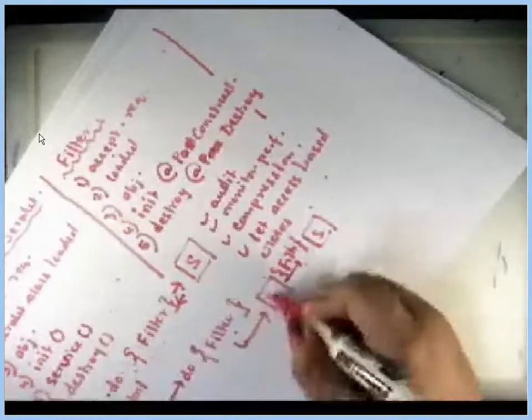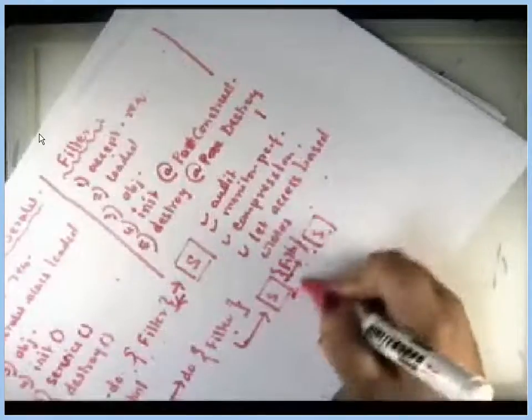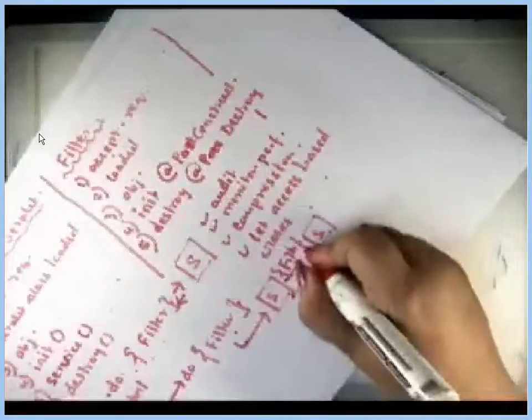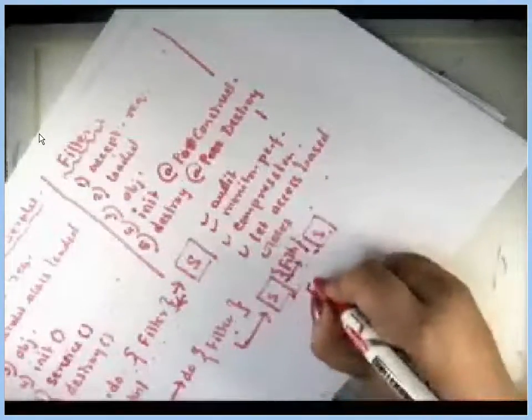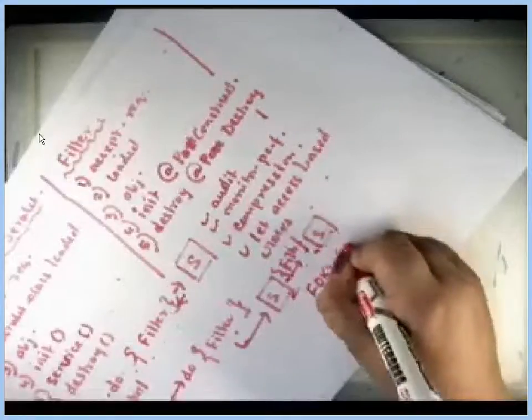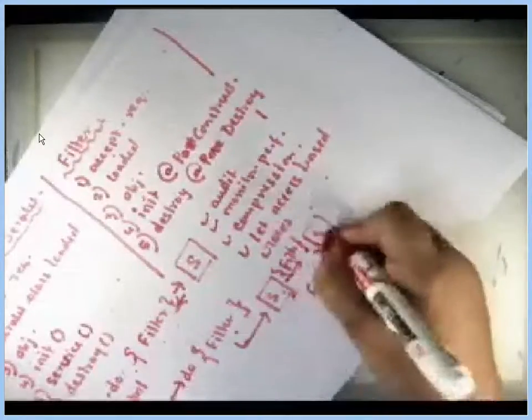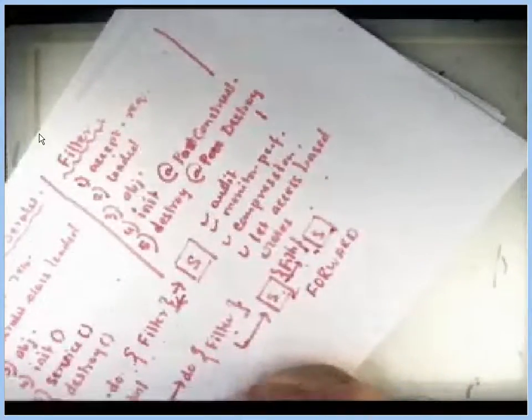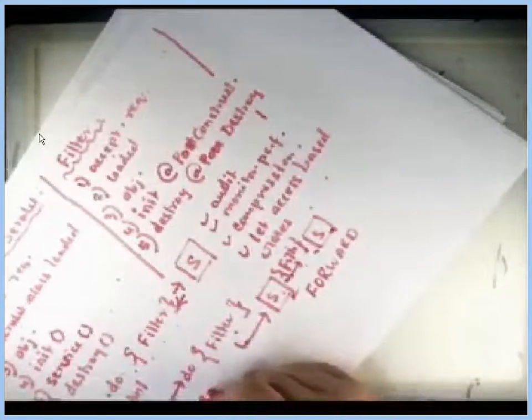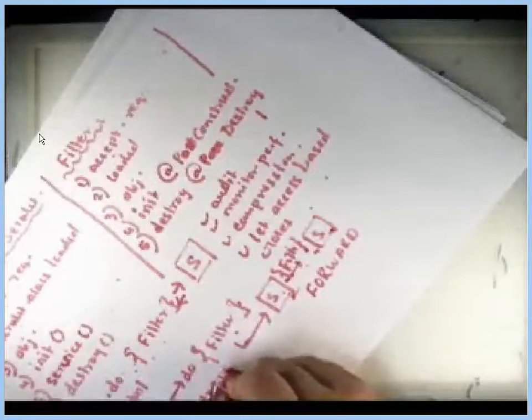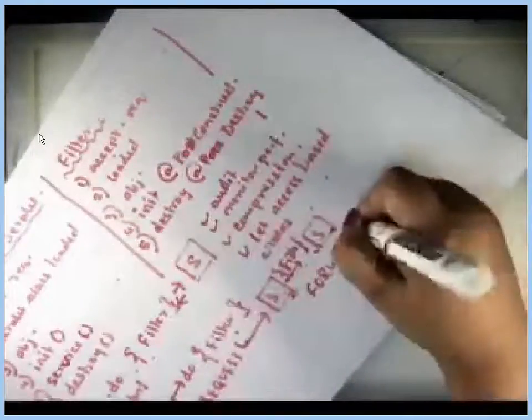So there can be one filter, and then again between servlet to servlet communication there can be another filter. This is known as a forward kind of dispatcher, when one servlet is communicating to another servlet, and this is something called a request kind of dispatcher.